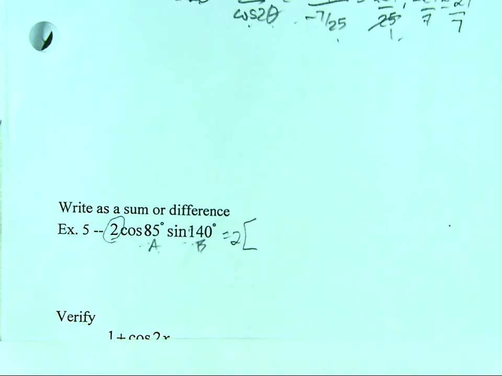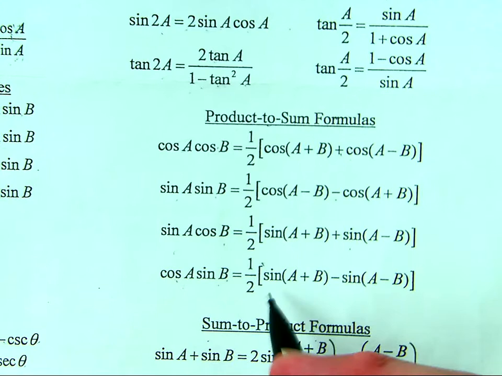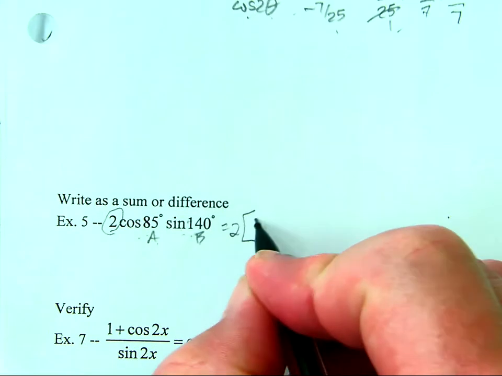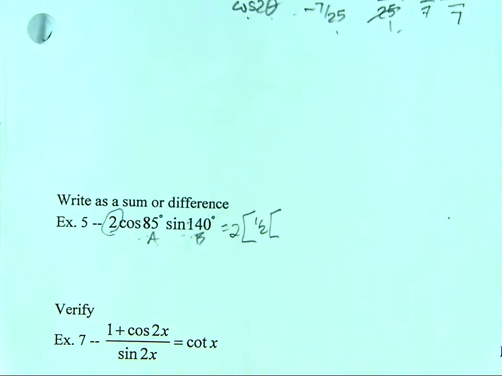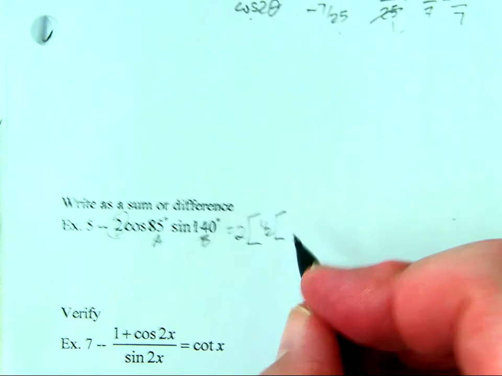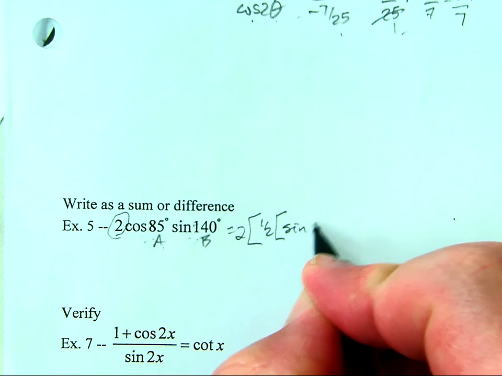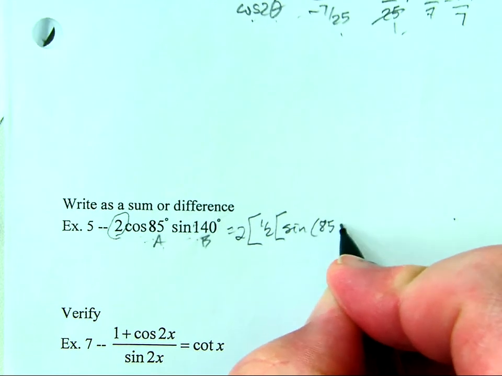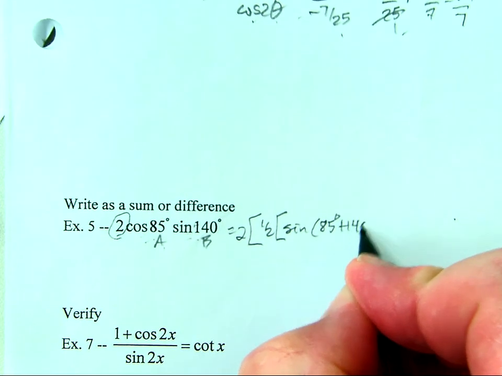Now we use the identity. Cosine sine. The identity says we need a 1/2, so we need a 1/2. Now we need the sine of A plus B. So that's the sine of A, which is 85, plus B, which is 140.